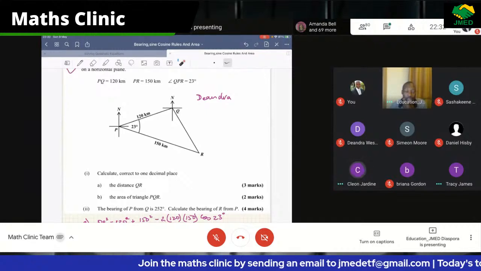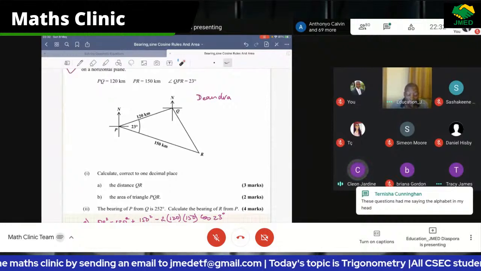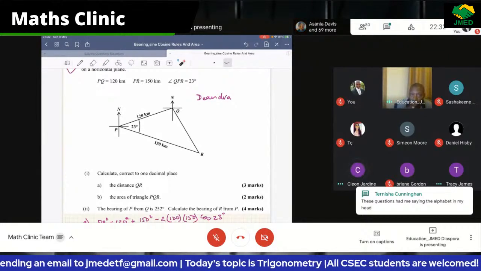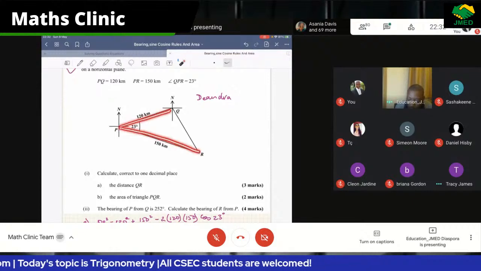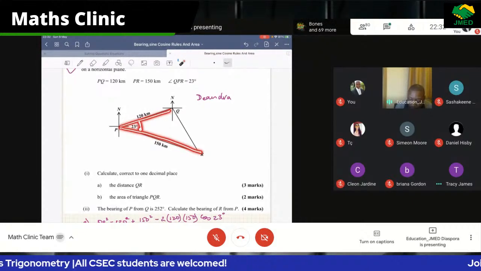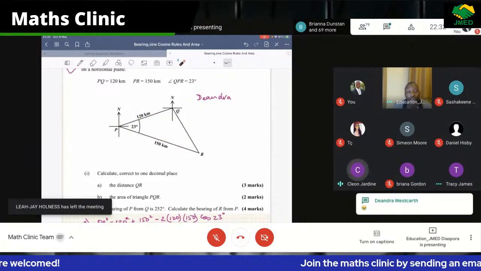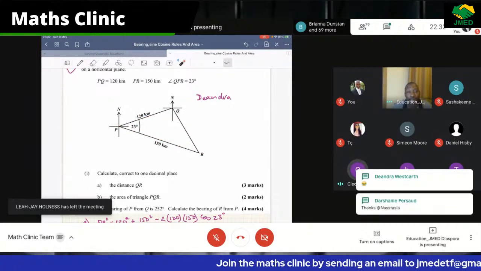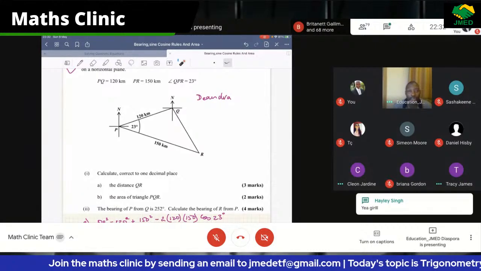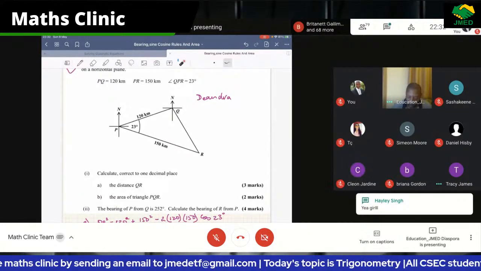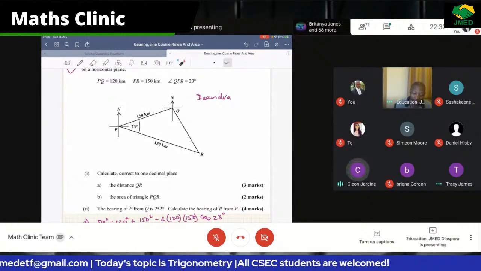But you can't use the side QR, because the angle is sandwiched between the two sides. So you use the two sides with the sandwiched angle between them. Is that clear? Yes, sir.